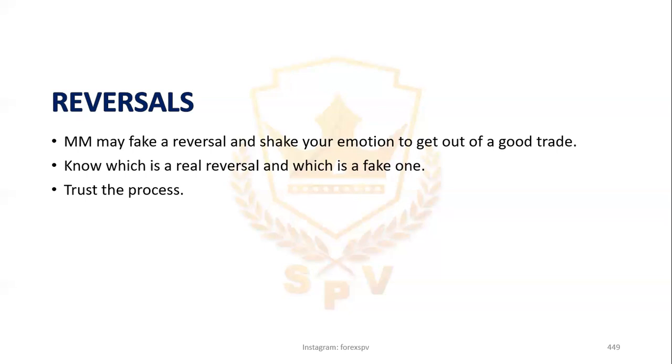If you look on the dollar index and you find the dollar index is moving up, and you are on a buy on GBP USD, then you are in a totally wrong direction. So you should scratch out your trade. So those would depict that this is a real reversal.